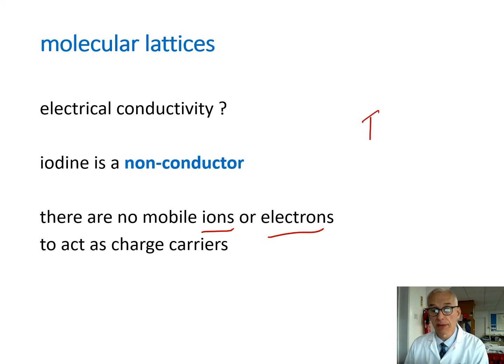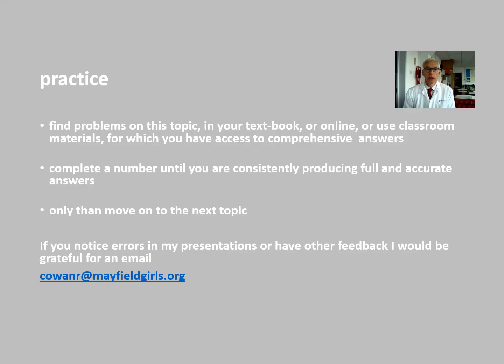Well, if we look at something like iodine, where is the free electron? There are none. Where are the ions? There are none. So iodine, molecular lattice, and all molecular lattices are non-conductors because of the absence of mobile ions or electrons, which act as charge carriers.